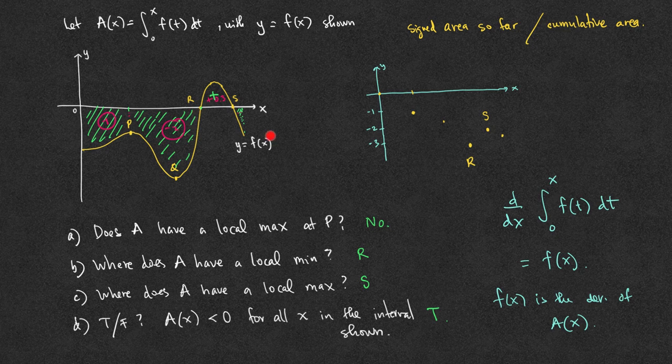And then f, again the derivative of A, changes its sign at S from positive to negative, so A is increasing and then decreasing at S, and that is why we have a local maximum at S.